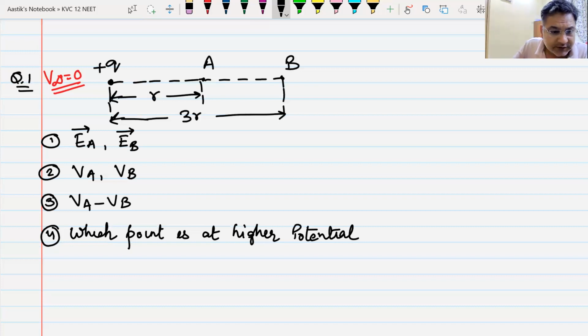Electric field at point A is kq by r square. Electric field at point B is kq by (3r) square. What is the direction? You have to also tell me the direction.